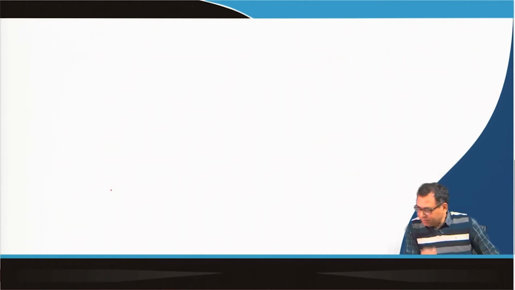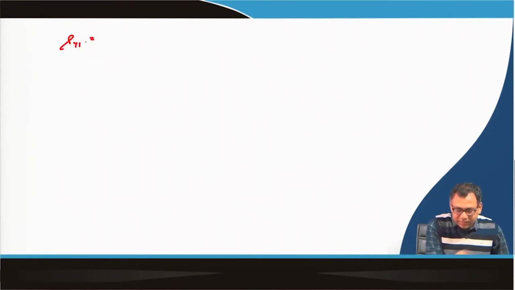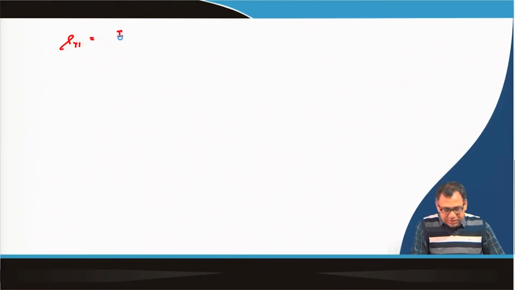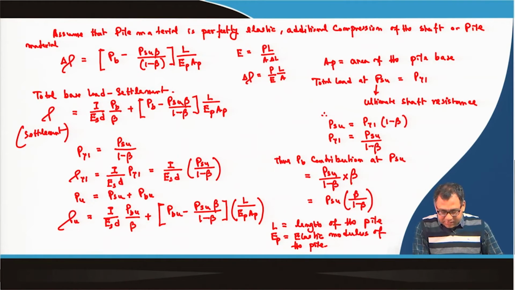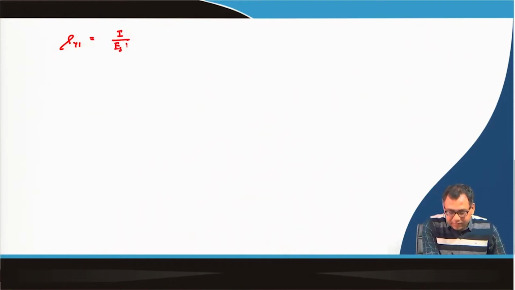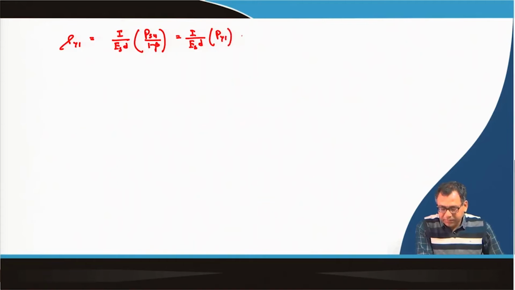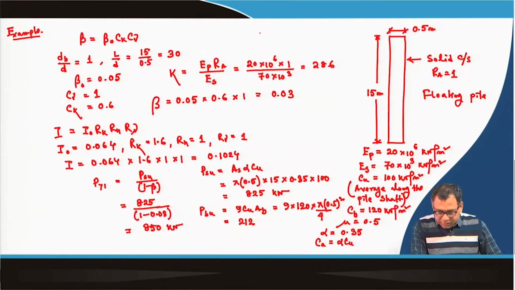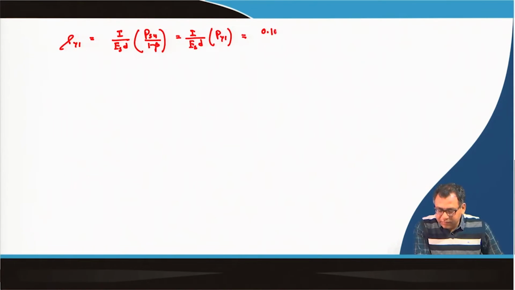At that point the deformation is equal to, that expression is also given, I E_s d P_su 1 minus beta, or directly I can write I into P_y1 divided by E_s d. So, the I value is 0.1024, E_s is 70 into 10 to the power 3, then d is equal to 0.5 and P_y1 is 850.